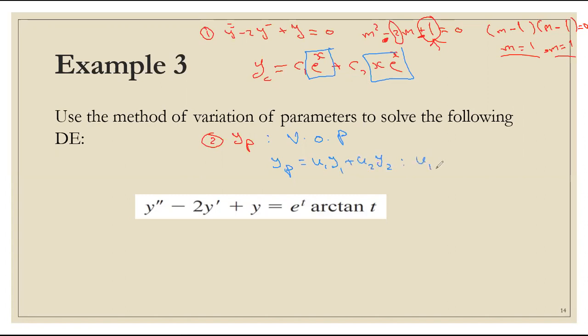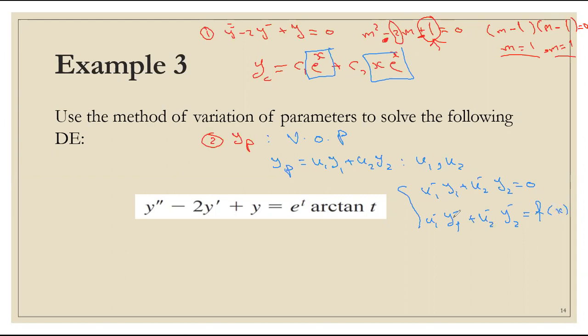How to find u1 and u2? From my cheat sheet, I have to solve the following system. u1 prime y1 plus u2 prime y2 equals 0, and the second equation, u1 prime y1 prime plus u2 prime y2 prime equals my f(x).